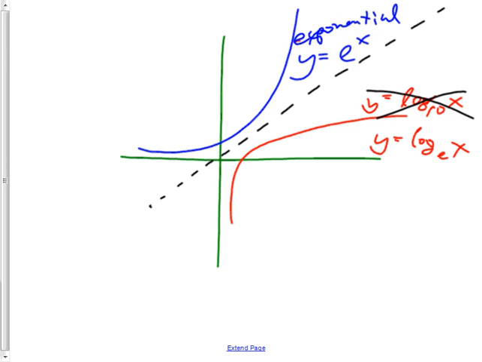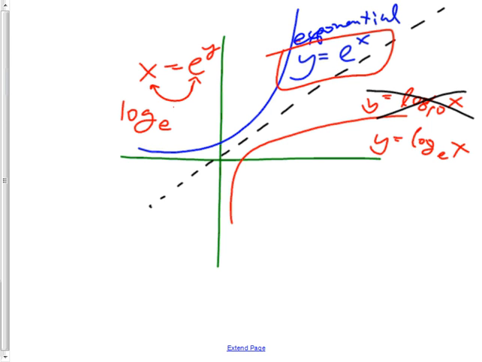All right. And do you get, we could have taken this, swapped x and y, and rewritten it as log base e of x equals y. Look at that. It's the exact same thing. So if you take your original and you do an inverse, you can get from the one to the other.